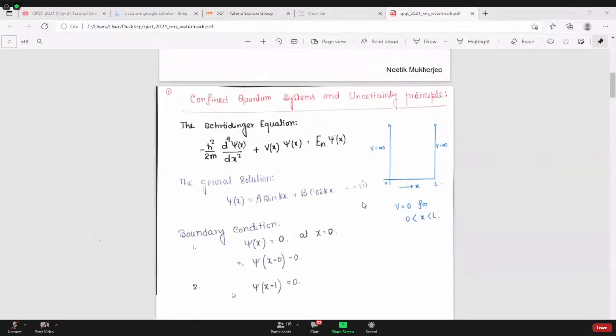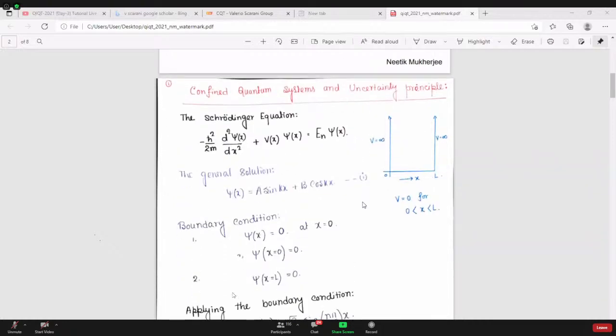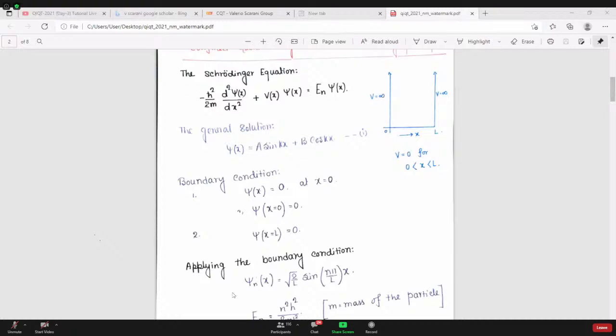So the Schrodinger equation for the particle in a box problem is expressed as minus ħ² by 2m d²ψ/dx² plus V(x)ψ, and in this case our potential is 0 within the box. So throughout we will assume that V(x) is 0, then we will get the energy and corresponding wave function. The general solution for this Schrodinger equation is A sin kx plus B cos kx.